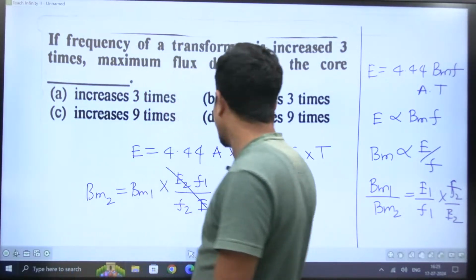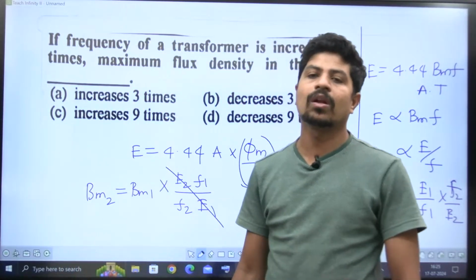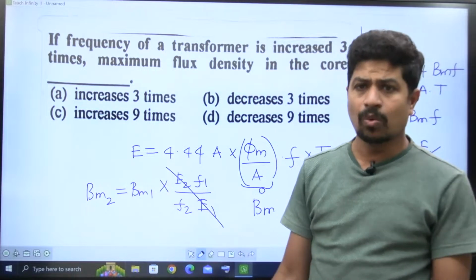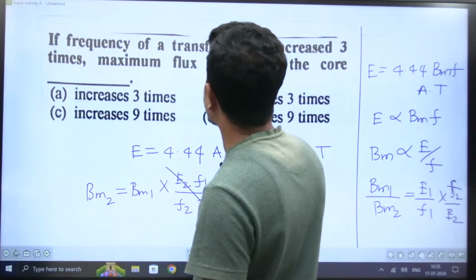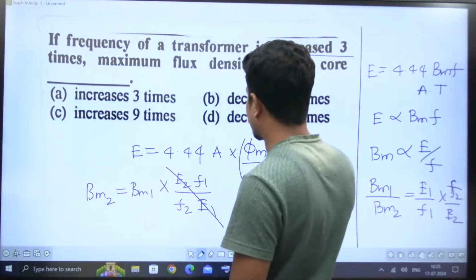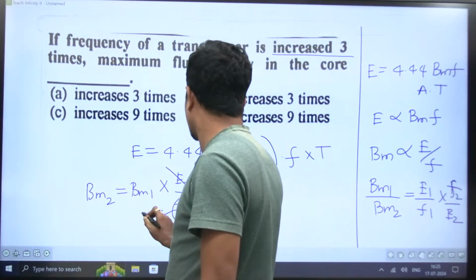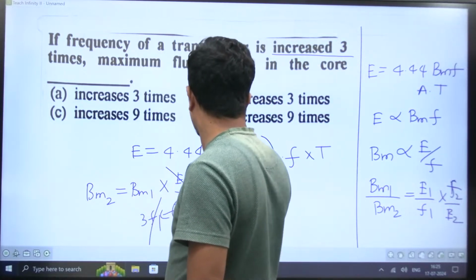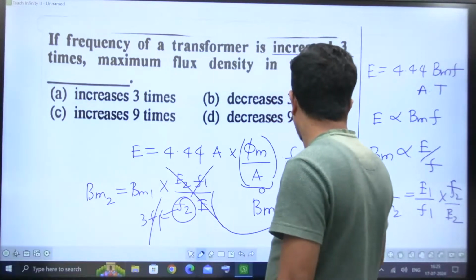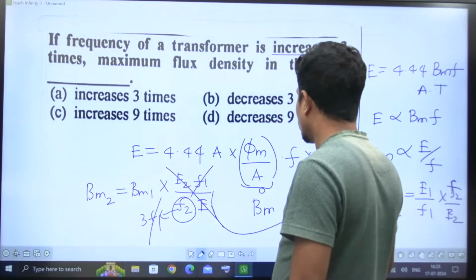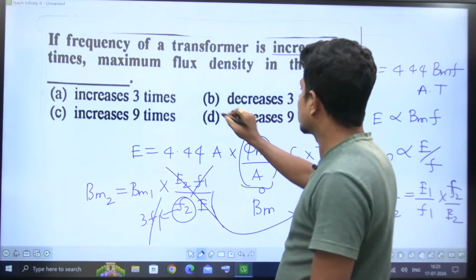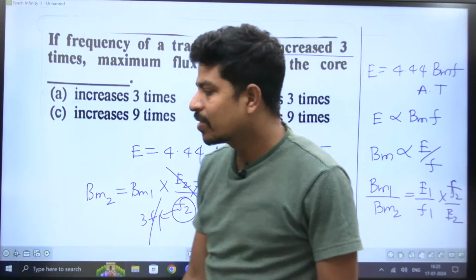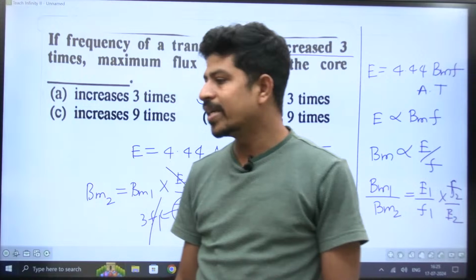He did not give any data regarding EMF, therefore the applied voltage is constant. Applied voltage is constant, just he is varying the frequency, and he says frequency is increased by 3 times. F2 is 3 times F1. So F1 gone, and we got Bm2 is equal to Bm1 by 3. It decreases by 3 times.